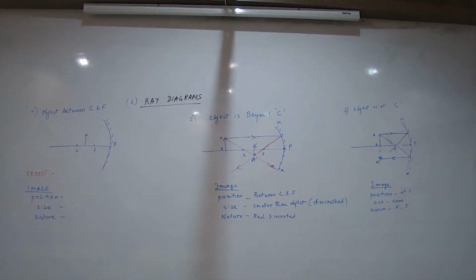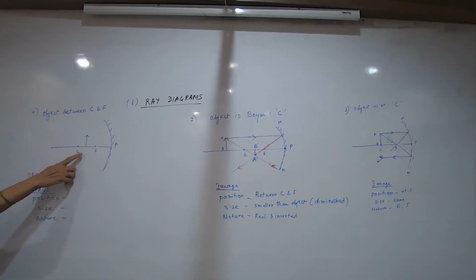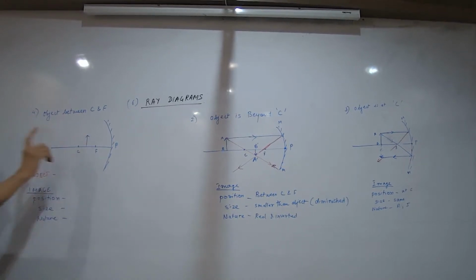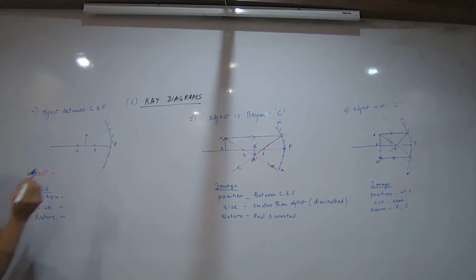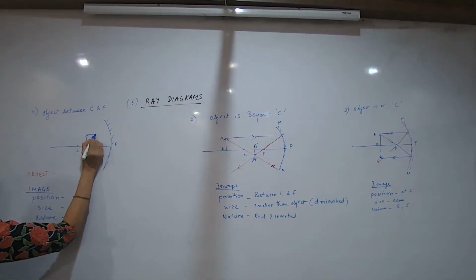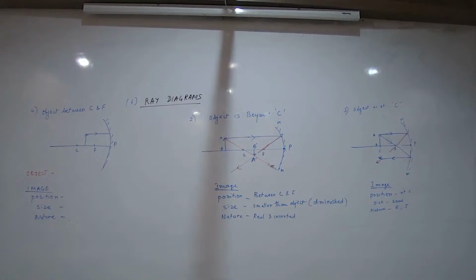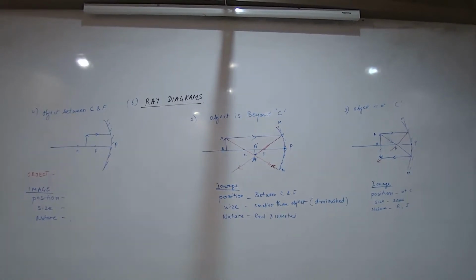What is the first ray that we are going to talk about here? From where will we start? From the tip. How will it go? Parallel to the pencil. And then after reflection, it will go past F. Yes.